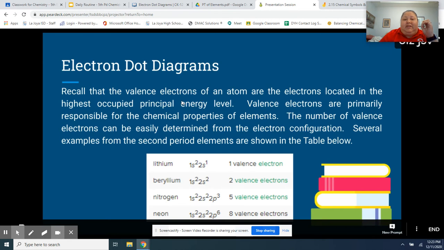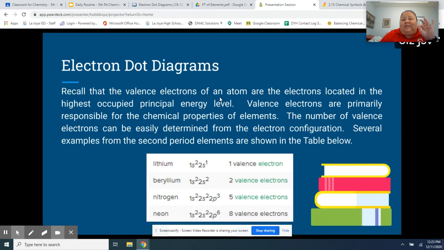Remember that valence electrons are found in the highest occupied principal energy level. That's the outer energy level, the last one at the very outside, where maybe it's full, maybe it's partially full, maybe it's half full. But that is where you're going to find them, the highest or outer energy level.